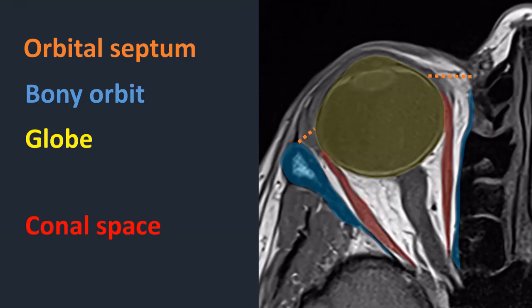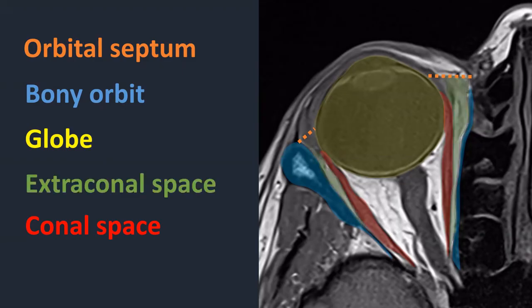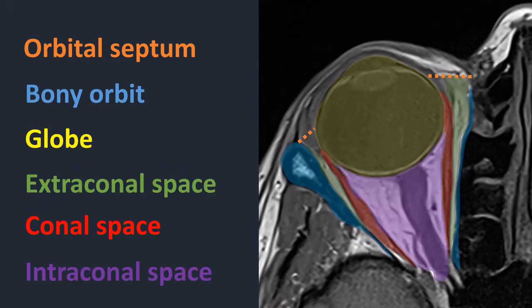Then in the orbit, we find the extraocular muscles, and the combination of the extraocular muscles and the fascia enveloping them is called the conal space. And then we have fatty tissue containing arterial and neural structures located on the inside and outside of the conal space. When it's located on the outside, we call that the extraconal space, and on the inside, the intraconal space.